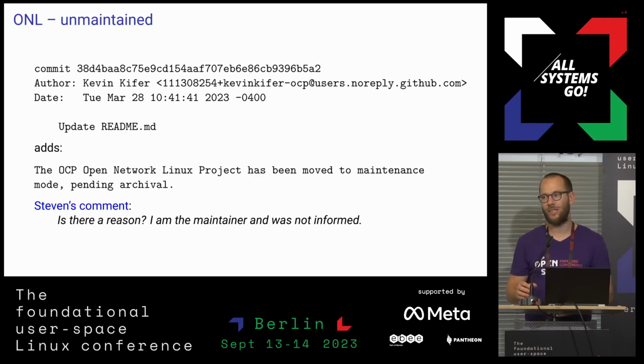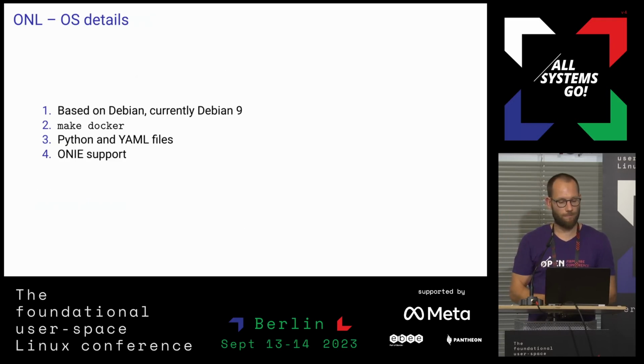So communication with Open Compute projects is, in this regard, I will also tell with DENT, it could be improved. Currently it's based on Debian 9. I think that's now oldstable, and they use Docker to build it and have a lot of Python and YAML files, and they support the installer environment ONIE.